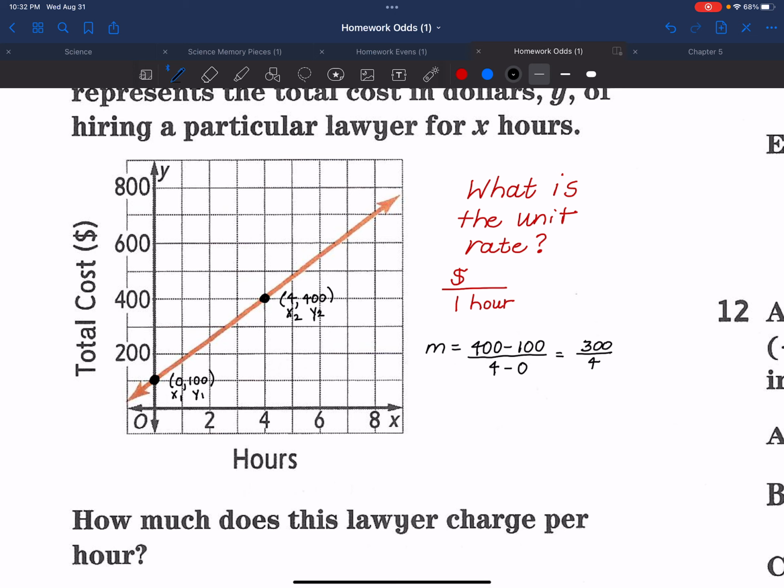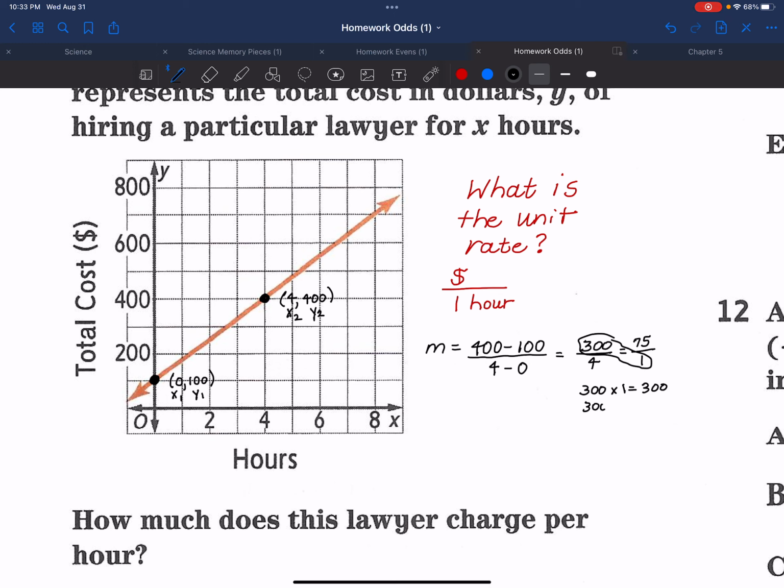Now we still don't have a unit rate, so let's go ahead and reduce that down to 1. 300 divided by 4 is going to be $75 an hour. So you can do it as a proportion. 300 times 1 is 300.